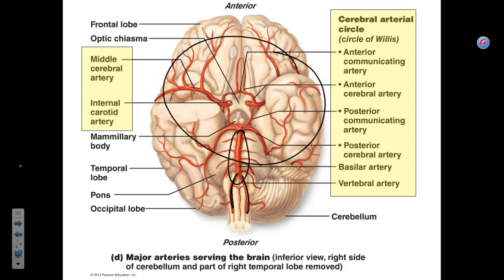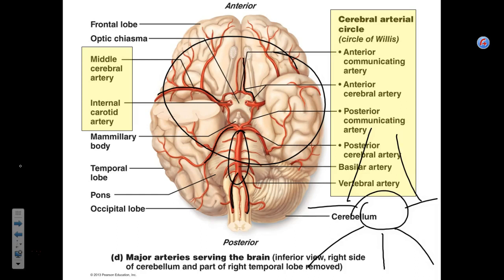So there are several cerebral and several communicating arteries. For the cerebral arteries, you have the posterior cerebral artery, the middle cerebral artery, and the anterior cerebral artery. So if we look at it, you have the basilar, you have the Circle of Willis, you have posterior, middle, and anterior. Well, anterior should be drawn differently.